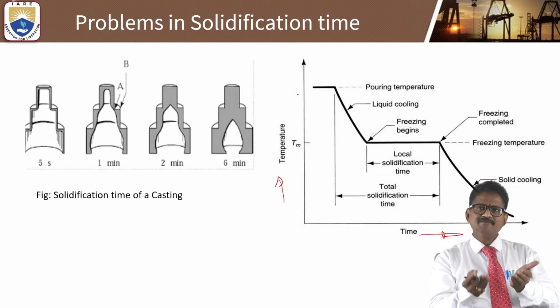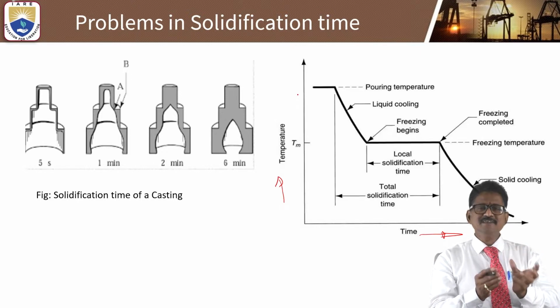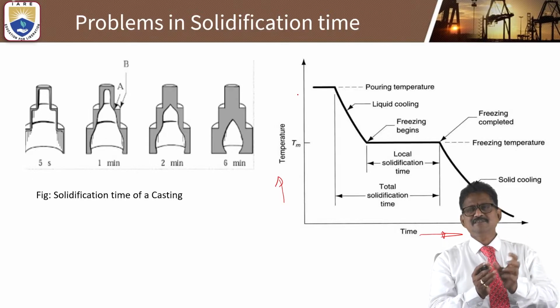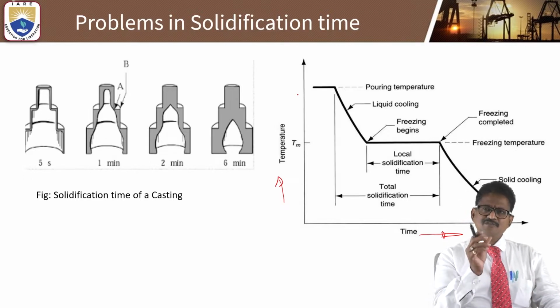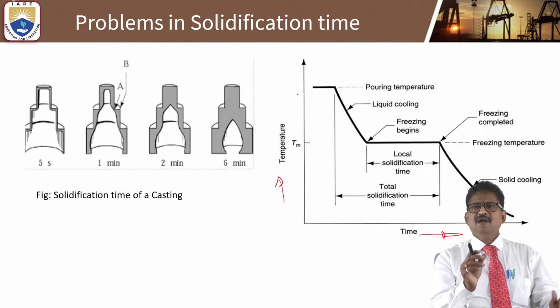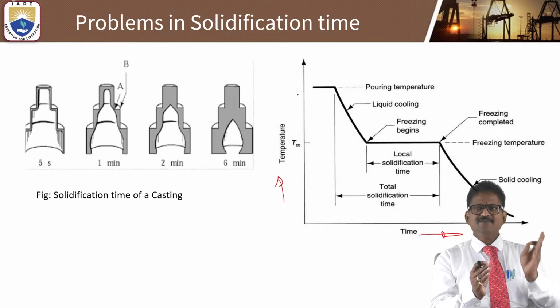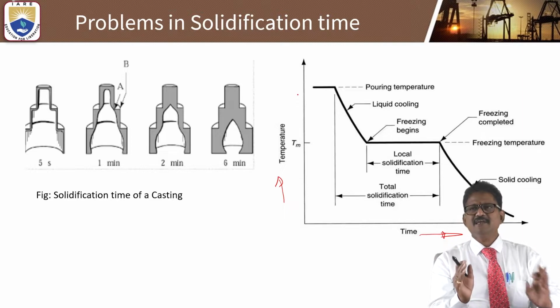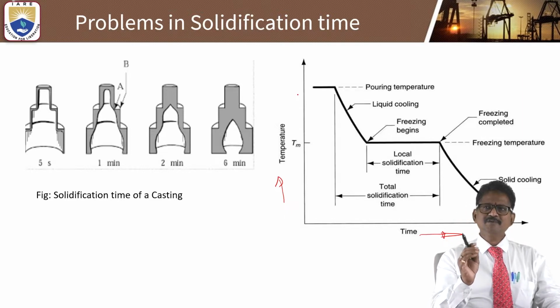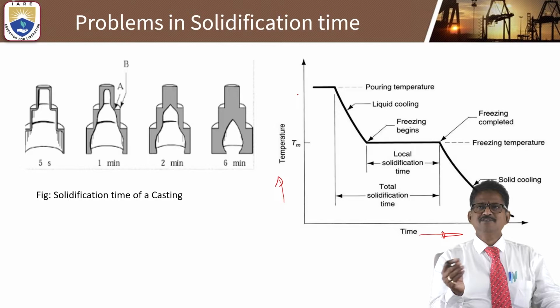It may be liquid cooling, and we look at how the liquid cooling takes place, how the freezing is done from start to end, how to determine the local solidification time and the total solidification time, and how we complete the freezing from freezing start to freezing end. And what about the freezing temperature and solid cooling?